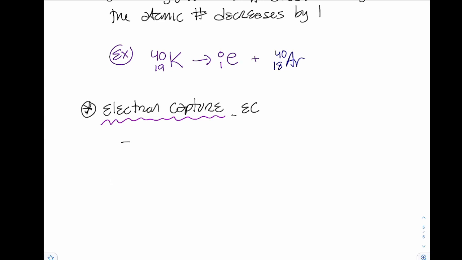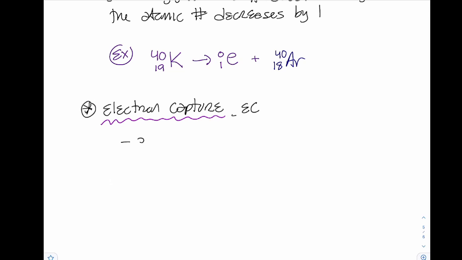So a proton in the nucleus is going to combine with that electron. When that happens, it's going to convert a proton into a neutron. So our atomic number is going to go smaller because a proton's converted to a neutron. So we're losing one thing that contributes to my atomic number, but my mass number remains the same.